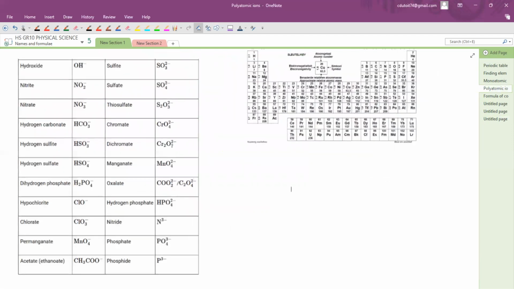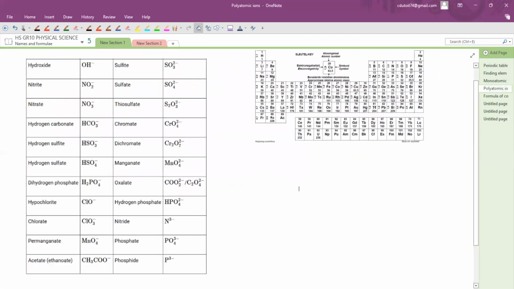Once you've learned that list, then you'll be able to do something like this. Let's look at the list. Can you see this list, or is it too small? It's big enough. Okay. Now you're going to try and do this one. I want to know what is copper 2 manganate. What does copper 2 manganate look like?